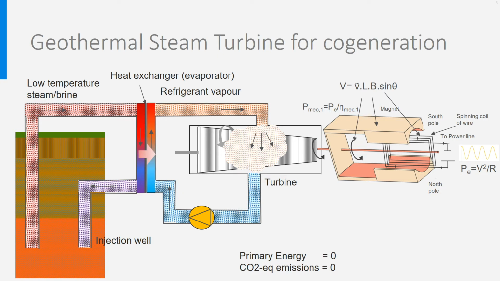These refrigerants can evaporate at low temperature, and we call this an organic Rankine cycle, ORC. Maybe you remember another lecture in which we saw that freons, ammonia or propane can evaporate at very low ambient temperatures. The groundwater circulates now through a heat exchanger, giving its heat to the refrigerant which evaporates, and this is the vapor that drives the turbine.